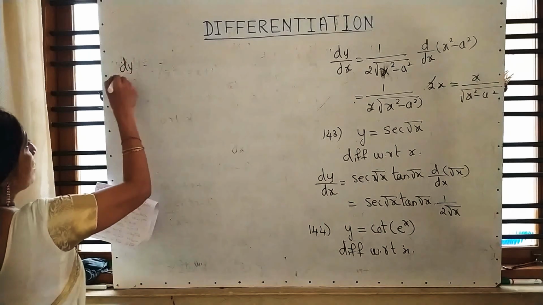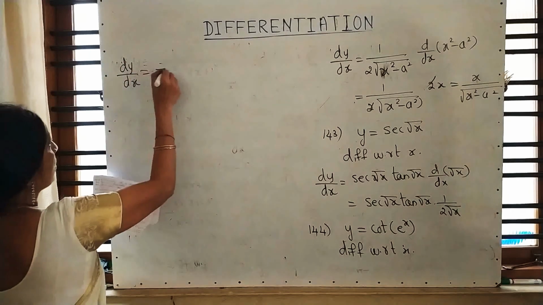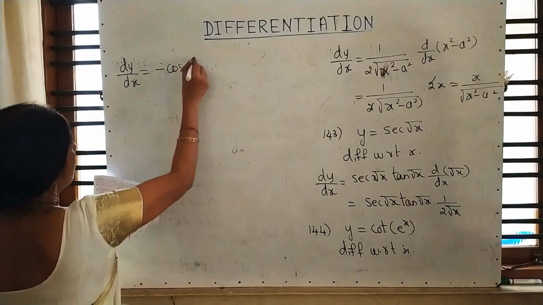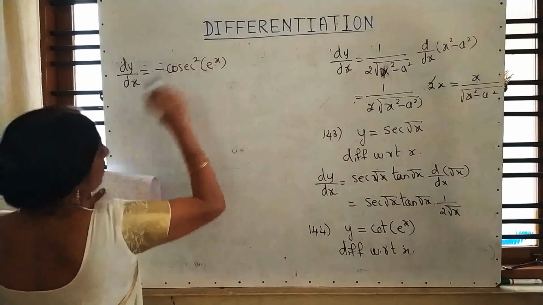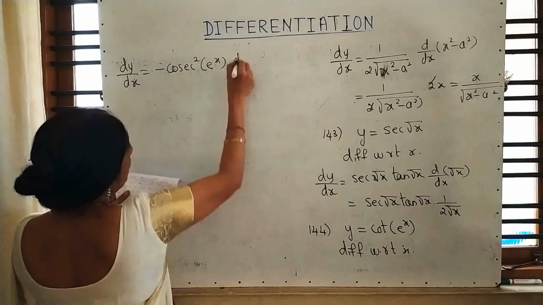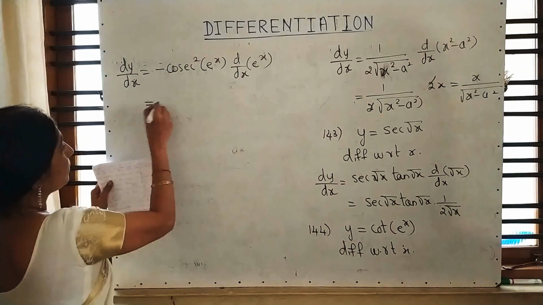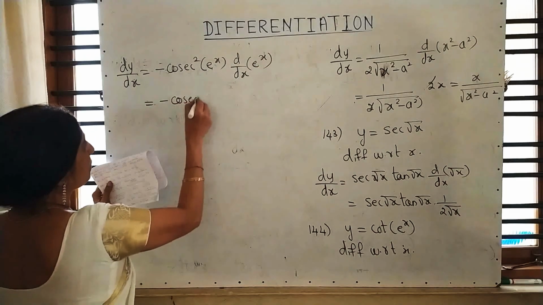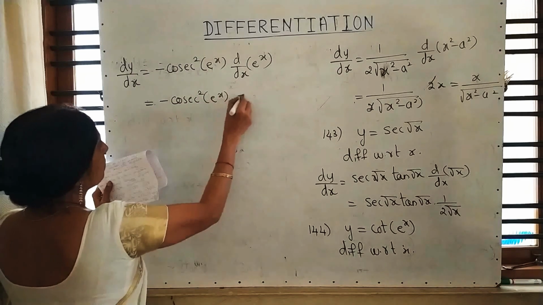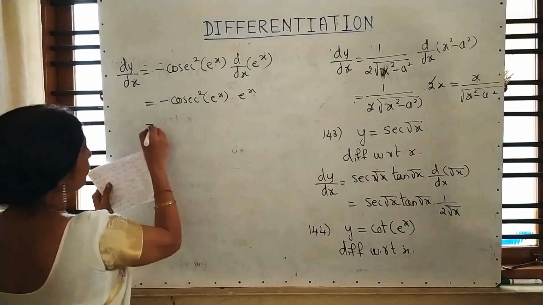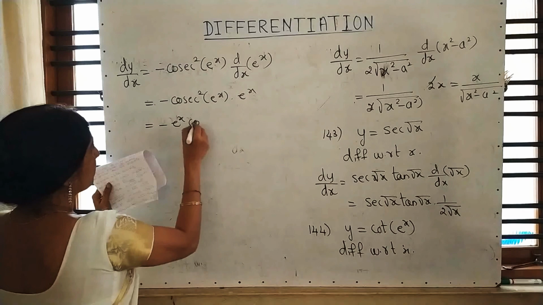What is the differentiation of cot? Minus cosecant square. So we differentiated directly the trigonometric term, then the angle because it is other than x. And don't mix these two. We can write like this.